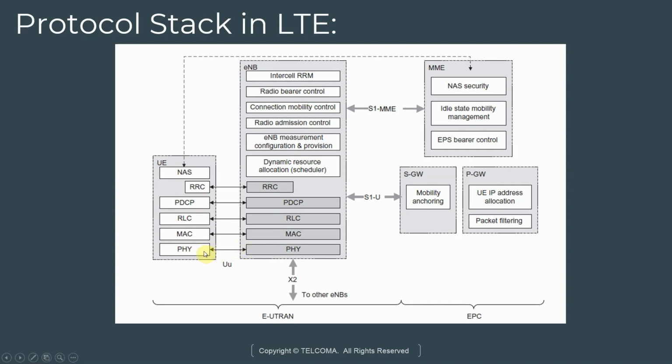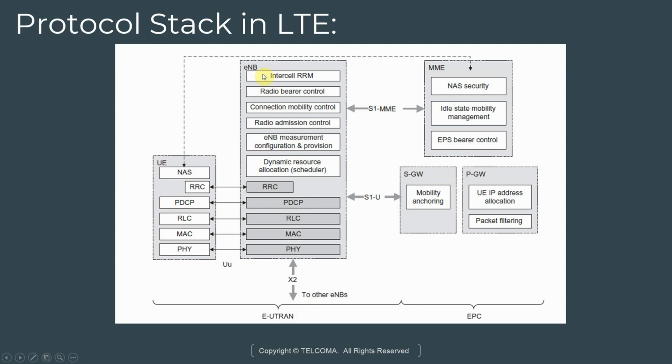So the UE and the eNode B, on the physical layer, would talk via the physical protocol. On the MAC, the protocols used would be the MAC layer protocols, and so on and so forth. On the RRC, the radio resource control protocol is used to talk at this layer, layer 3. Essentially, this is layer 3.